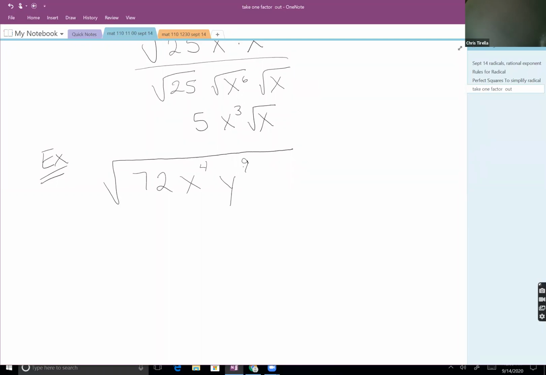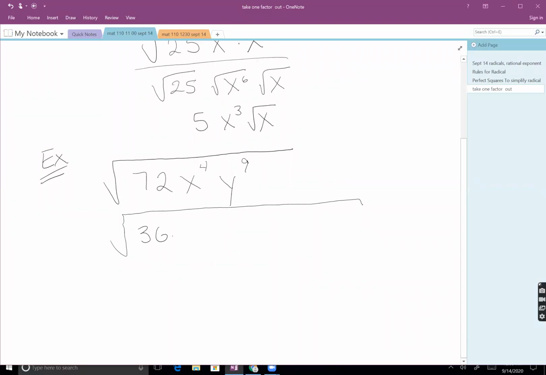Not everything under there is a perfect square. 72 is not a perfect square, but is there a number that goes evenly into 72 that is? Well, let's see. Does 9 go into it? Yeah, but if I go bigger, I think 36 does. Okay?